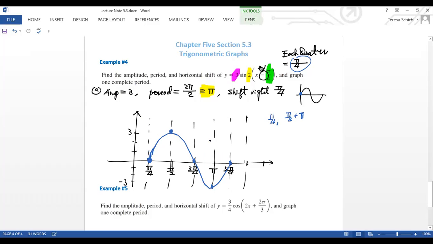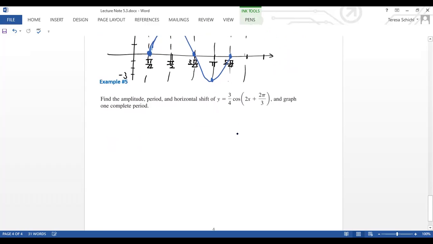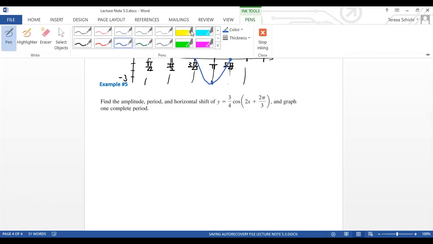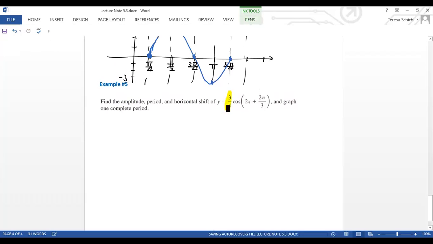Here. Okay, now let's take a look at part B, number 5. The first thing you say is, hey, I see this number 3/4. Well, that is easy.